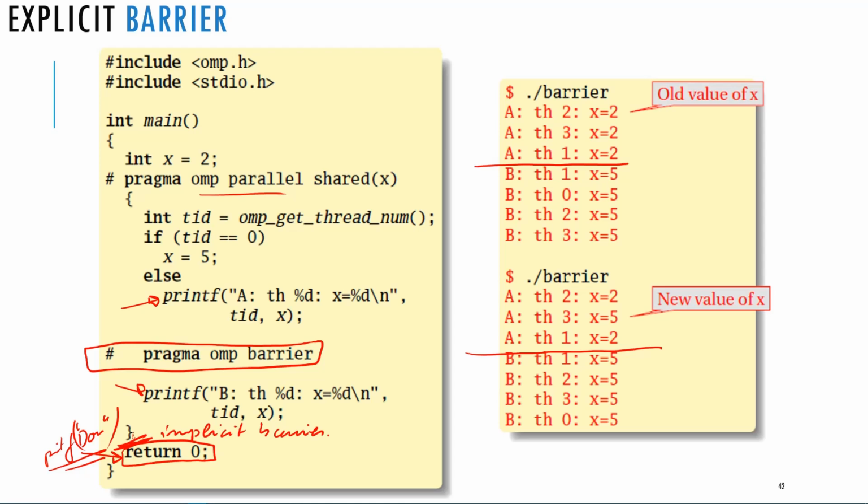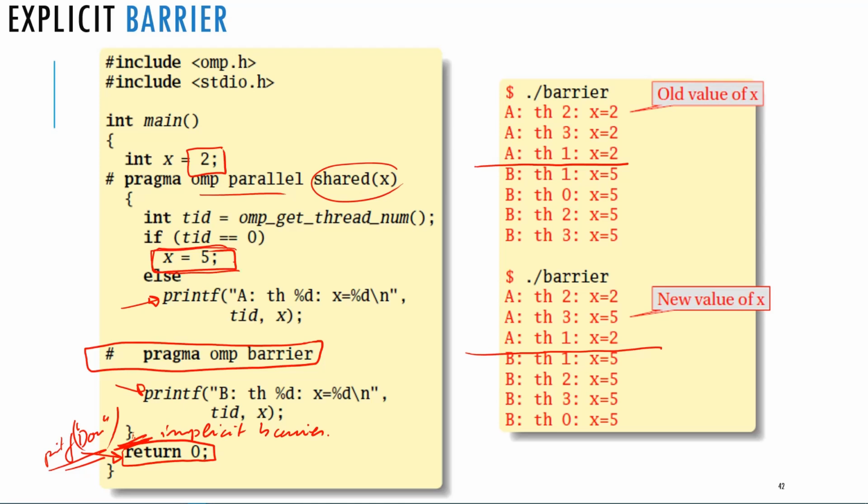This holds even if certain shared variables such as x, which is clearly shared, are changed inside the loop. Outside of the parallel region x is equal to 2, and inside of the parallel region it is equal to 5.